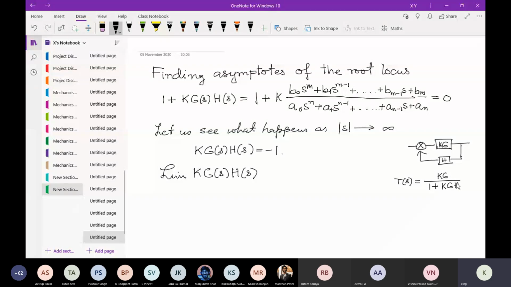We don't want that. So that is why we are interested in looking at the root locus of this function. Of course, this can be any other parameter also. It doesn't matter. Just think of this as a polynomial of the form 1 plus kfs.